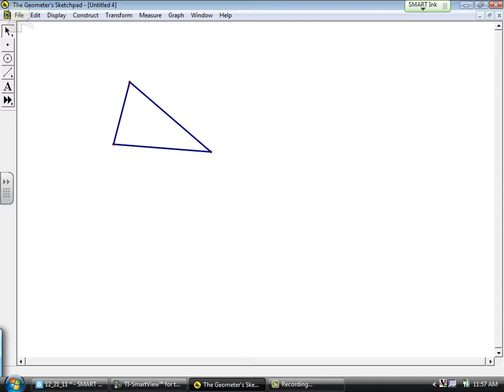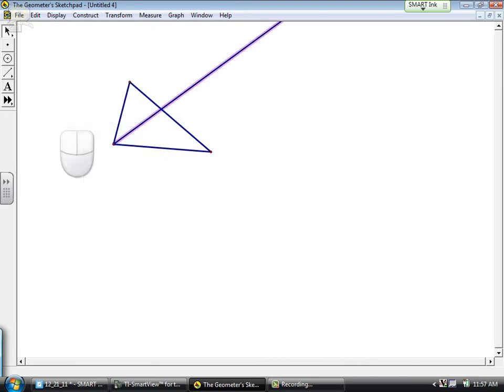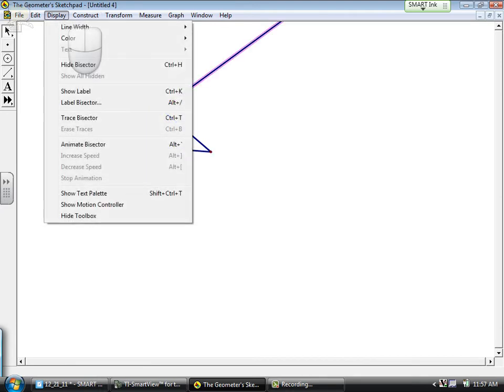First off, I have to identify what angle I'm working with by labeling the vertices in the order that I would name the angle. So here I have those three vertices. The one in the middle is the angle I will be bisecting, because that's how you name that angle. So when I construct an angle bisector, there you have it. Let's make it be a thin width.